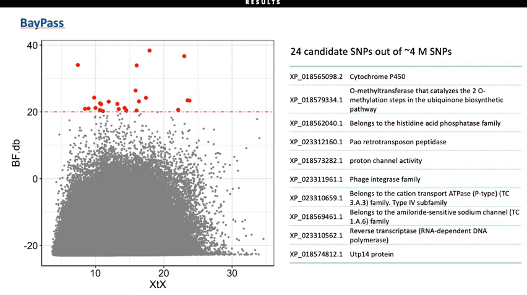SNPs with a Bayes factor more than 20 dB are treated as candidates for selection with respect to a given covariable, which is temperature in this case. With that, we identified 24 SNPs that are strongly related to the temperature covariate. We also annotated the candidates, with only 10 out of 24 having annotation against the NR database.